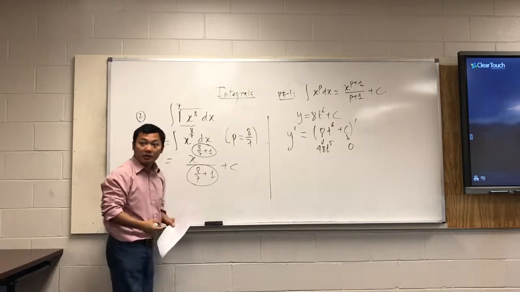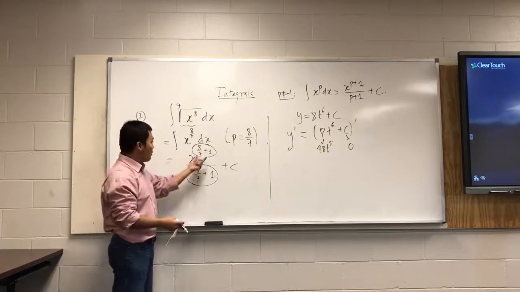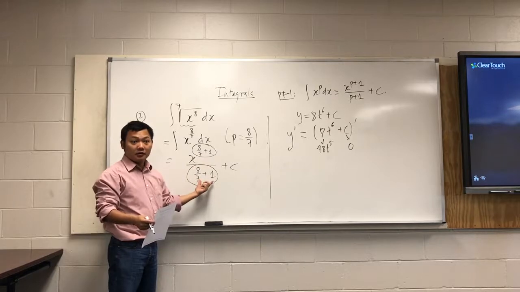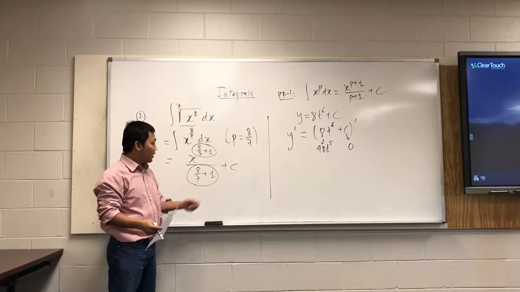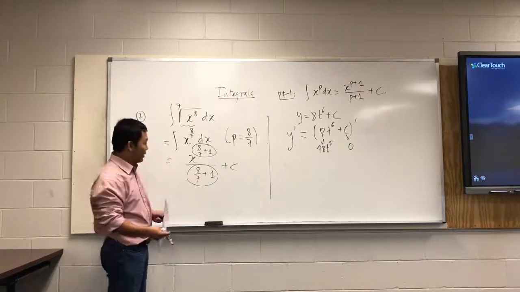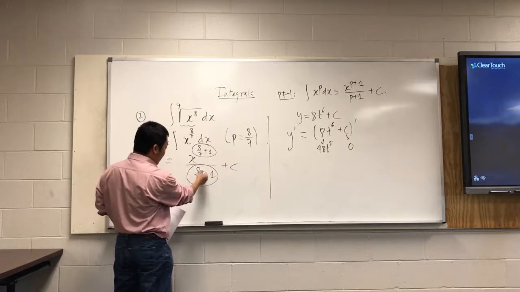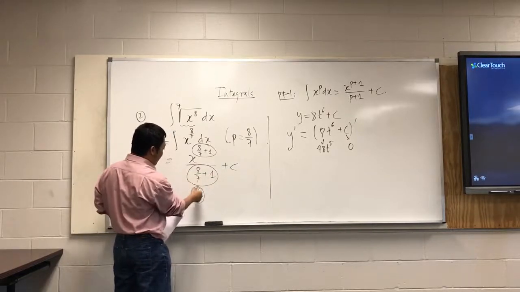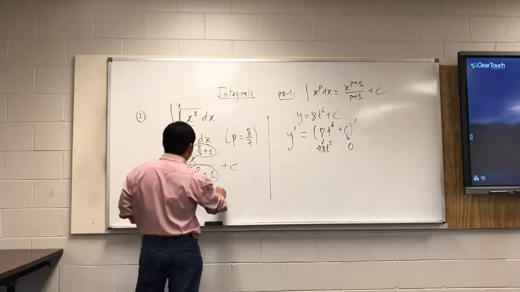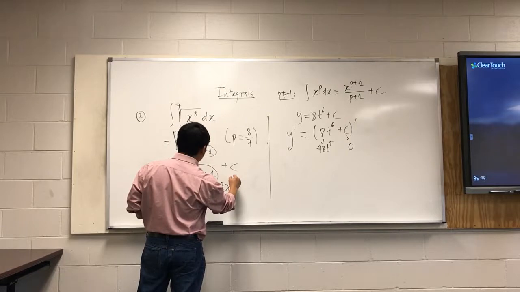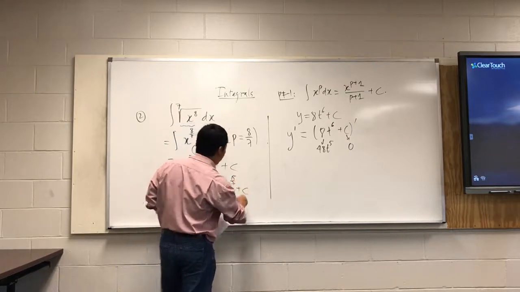Once you get this number, you just copy it to this place. This is it. Make sense? You can leave your answer like this, or you can simplify it. For example, 7 over 7 plus 8 over 7, you get 15 over 7, and when you divide by 15 over 7, you flip that, and you get 7 over 15 x to the 15 over 7 plus c.